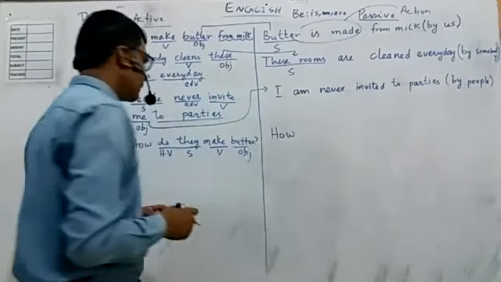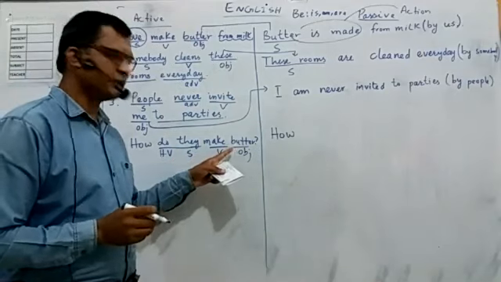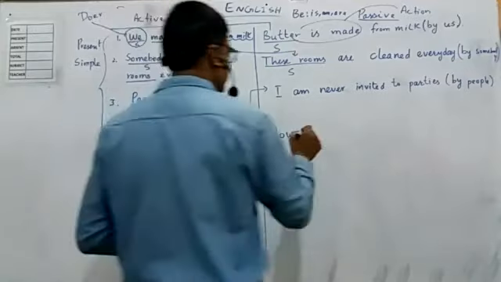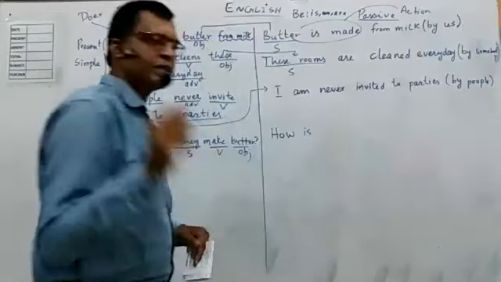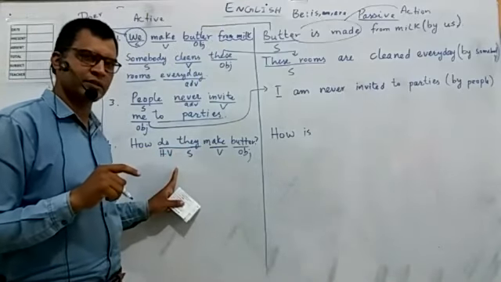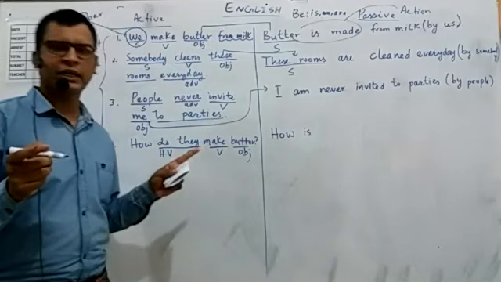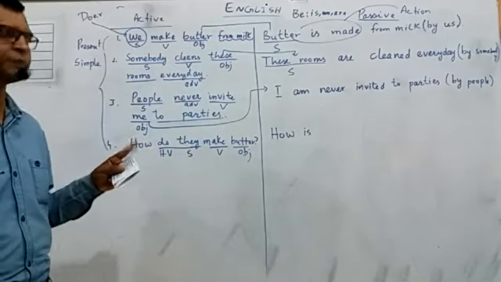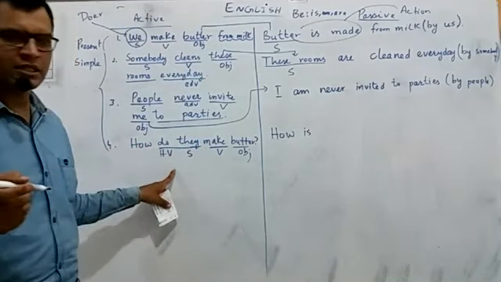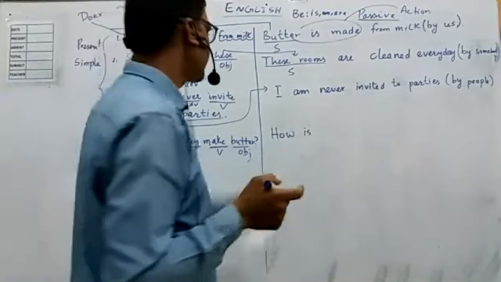Now again, butter is a singular word, therefore we will use "is." And we are using "is" because it is a present simple tense question. If it was a different tense question, then the helping verb would be different. We'll come to that after this one. So this is a present simple question, so the present simple helping verb is there.